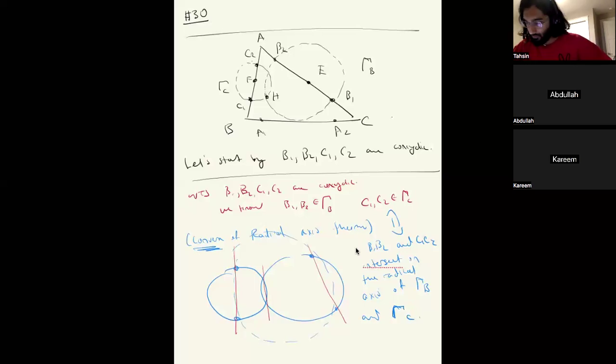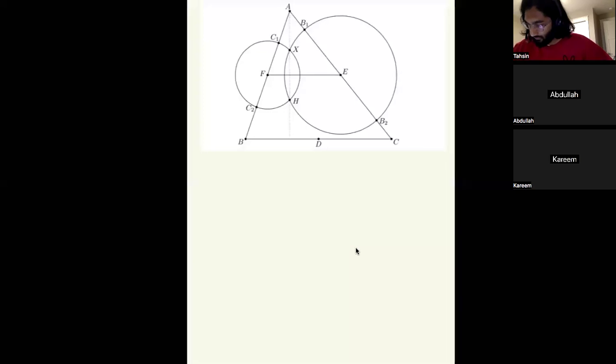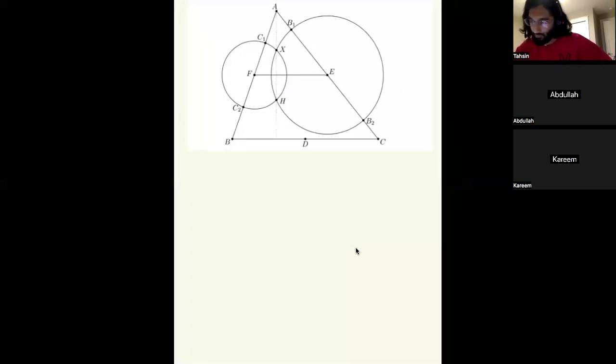Yeah, we just connect E and F, so the radical axis should be perpendicular to EF, and EF is parallel to BC. Great. So here's the picture, and like you said, it's very clear. We observe EF and BC are parallel, so I think you said it right.